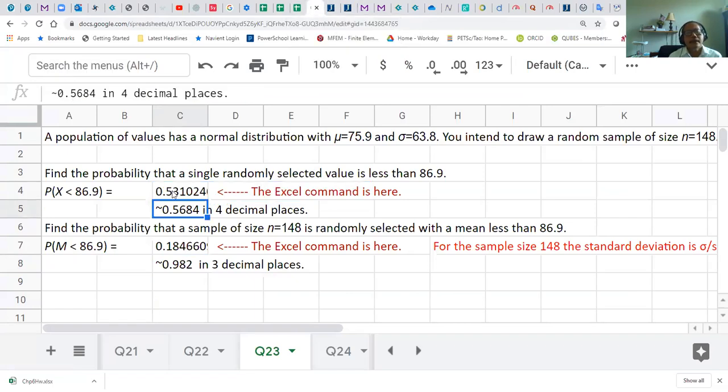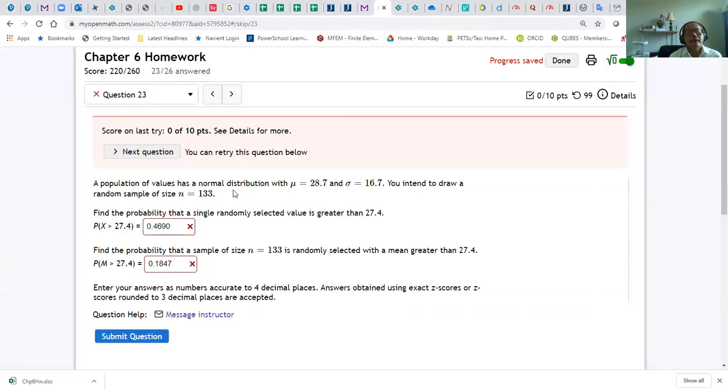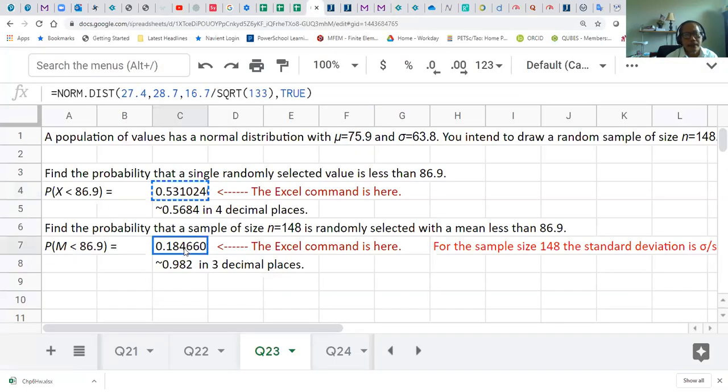So this will be the answer. Four decimal places, right? And the same thing for this one, you just need to subtract this from 1.